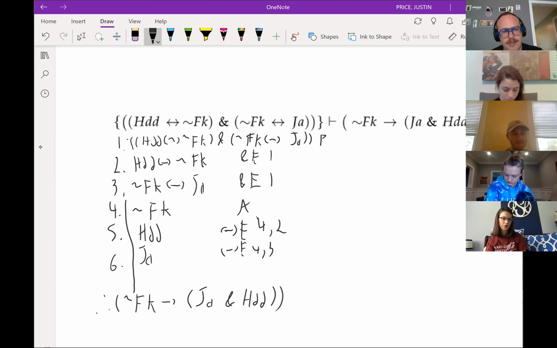And now we can get that conjunct we need in order to discharge this assumption and get our conclusion. So it's important to remember that JA and HDD need to be in the specific order in order to use it as part of the rule of conditional introduction.